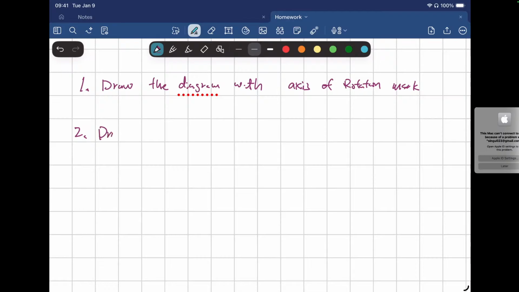draw the line or lines from the axis of rotation to the curve.